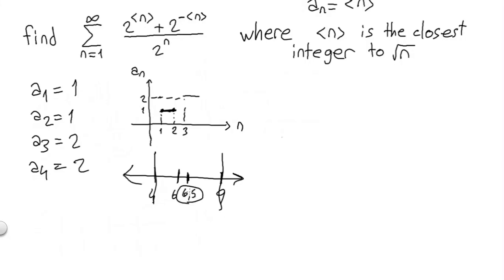We can't know directly if it's closest to 4 or 9, but we don't care about that. So we can just think about 6 and 7. And indeed, square root of 7 is closest to 3, and square root of 6 is closest to 2. I will actually prove this fact because it looks kind of trivial, but it's not that trivial. So we will see how to prove this too.